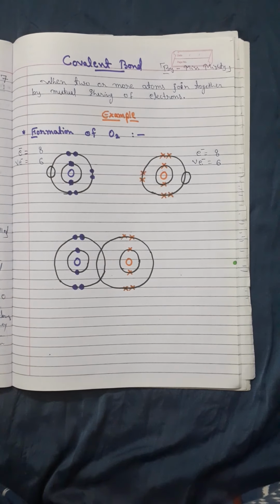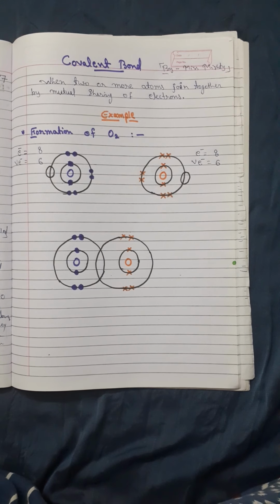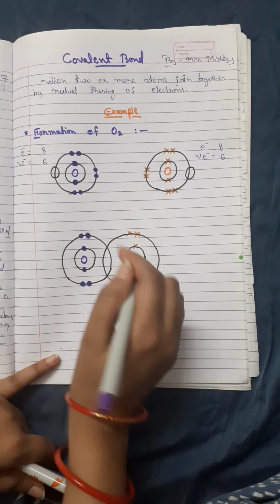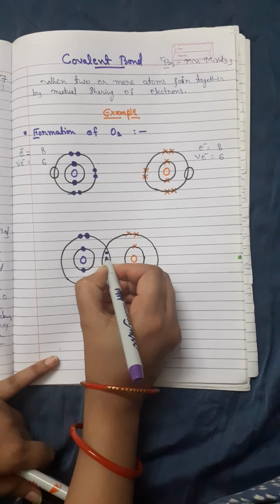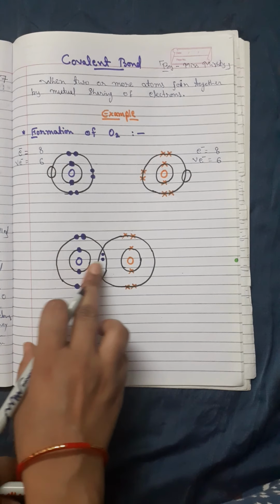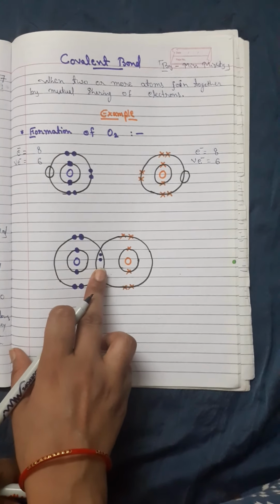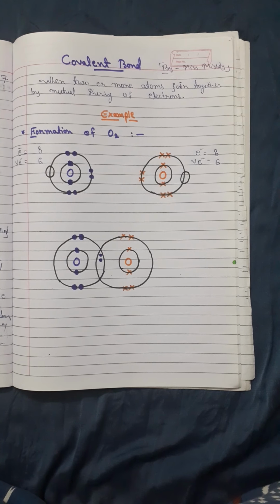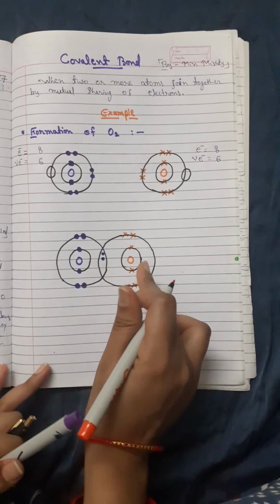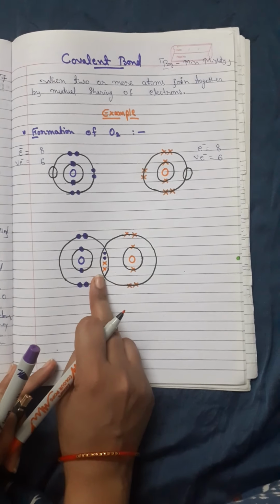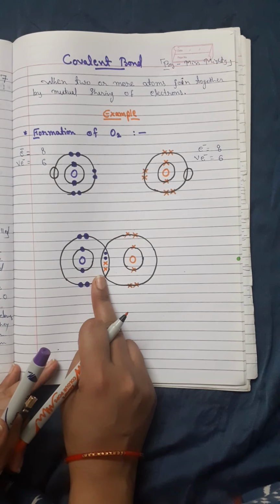It means that one pair of dotted electrons comes from this oxygen and another pair of crossed electrons comes from this oxygen.